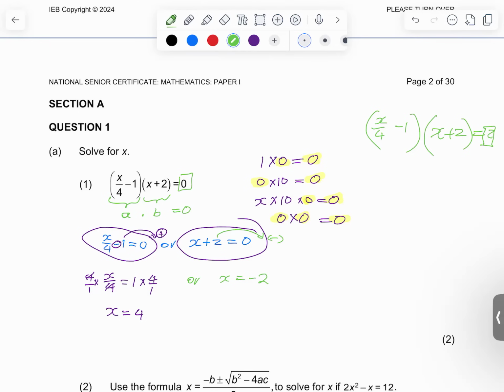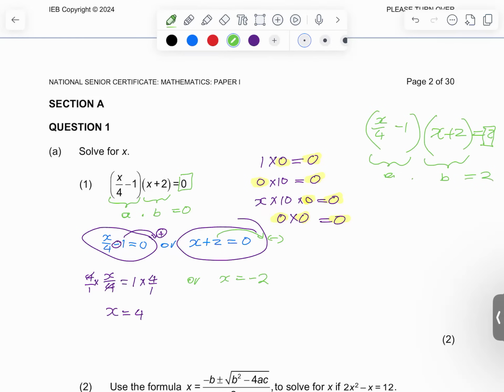The same principle that we applied when the product is equal to 0 does not apply. Guys, if this is factor A, it's multiplied by factor B, and the product is equal to 0, we cannot assume that one of the factors is 2.